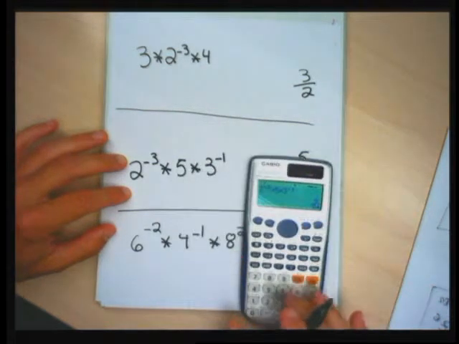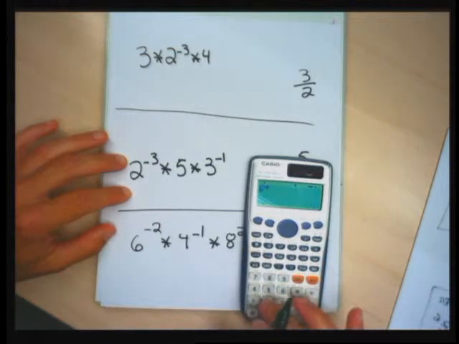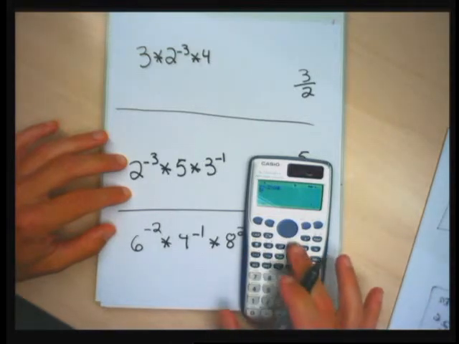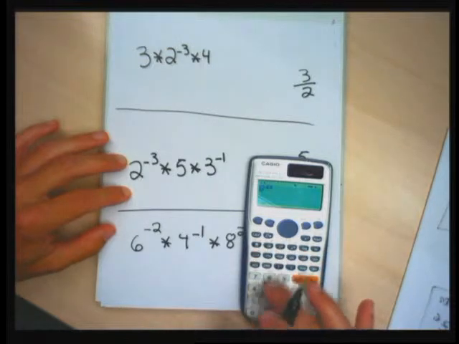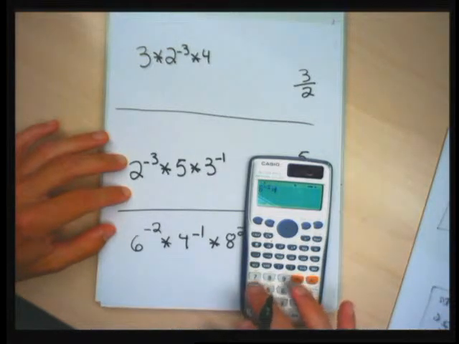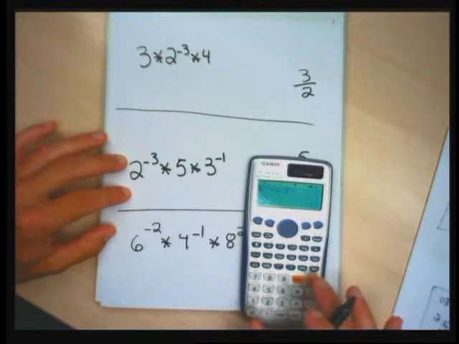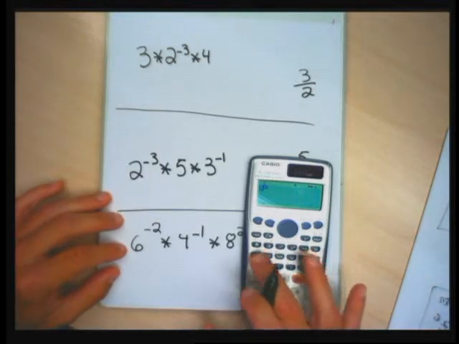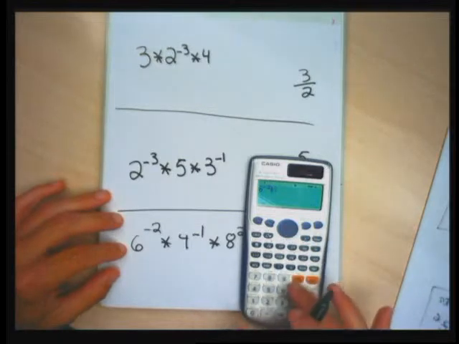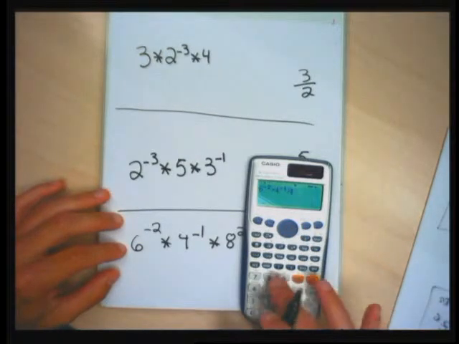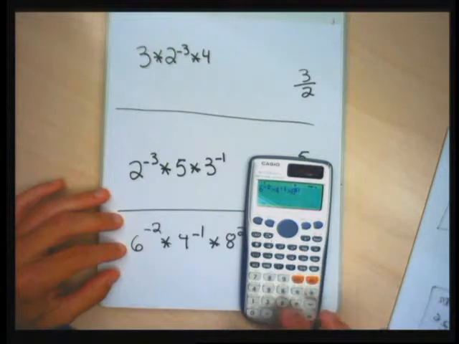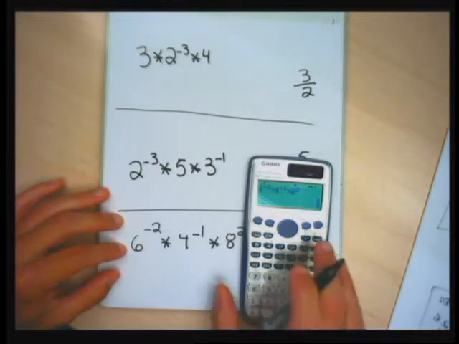And the bottom one, 6 to the negative 2 times 4 to the negative 1 times 8 squared. I can't even enter it. 4/9. Whoa.